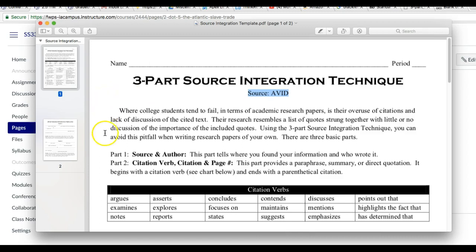Okay, so this first part is directed towards college students, and that's because a college professor actually used this AVID technique, and I think he made it for his college students. So some of you are going to become college students, and hopefully this helps you now and also later on with your writing.